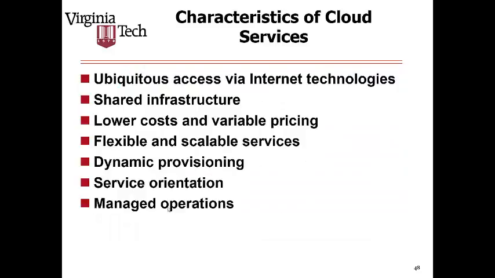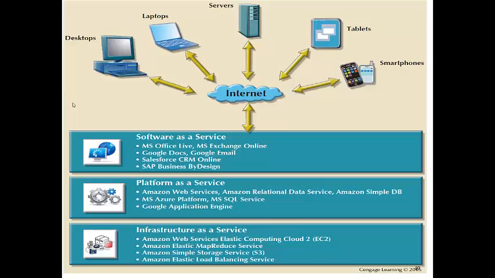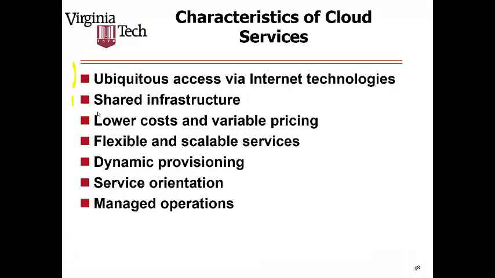Well, some of the things that you really need to have is this perfect connection, right? You need to really be always connected to the internet. In the implementation of these things, there's a lot of shared infrastructure that is used, and that's what allows the scalability.